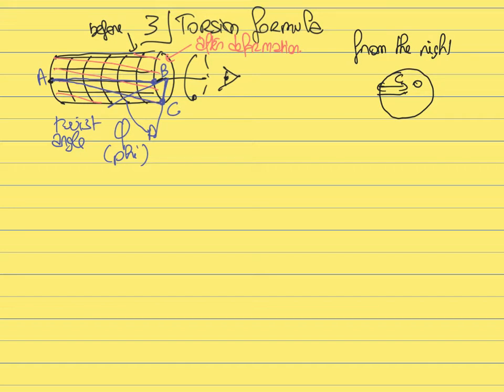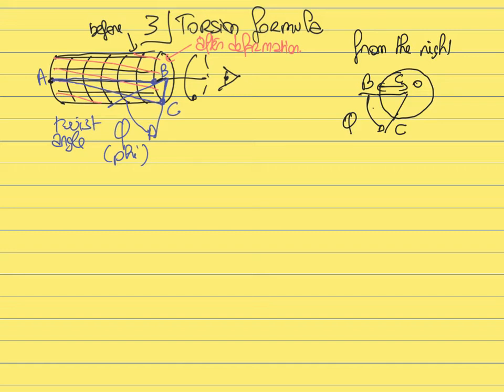Initially point B would be here, and after the deformation you will have the twist angle phi that characterizes the twist from point B to point C.